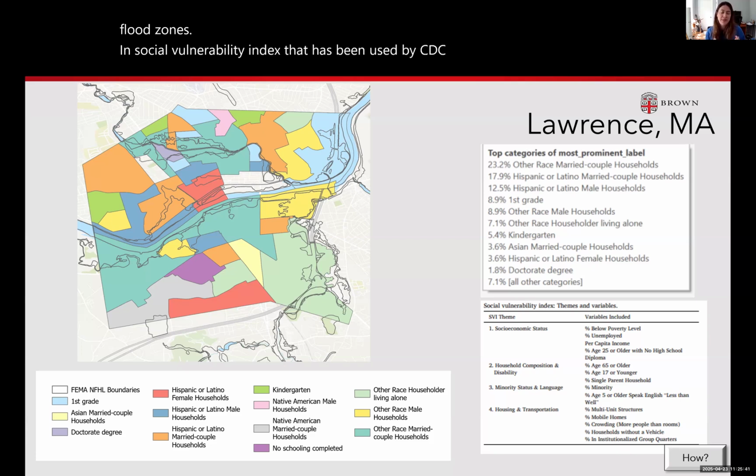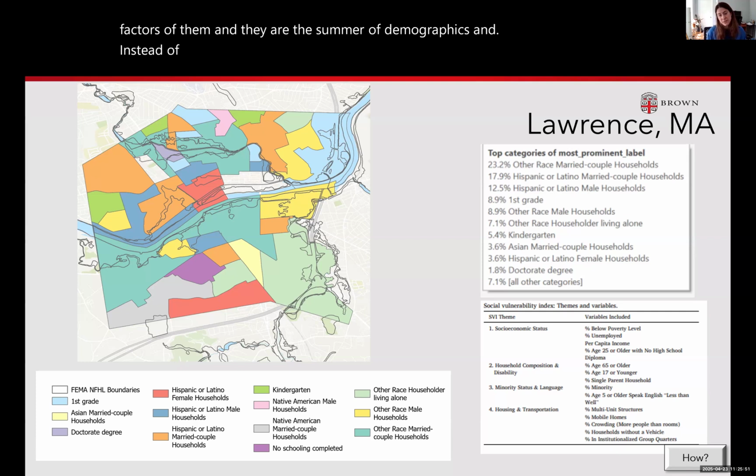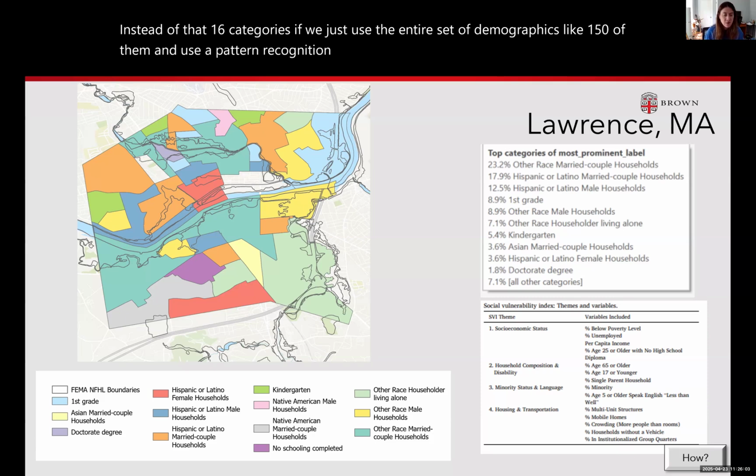We are only looking at 16 factors of them, which are the summary of demographics. And instead of those 16 categories, if we use the entire set of demographics, like 150 of them, and use pattern recognition by self-organizing map, then we will see more nuanced differences in certain regions.